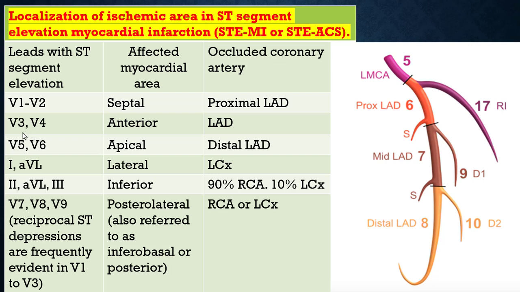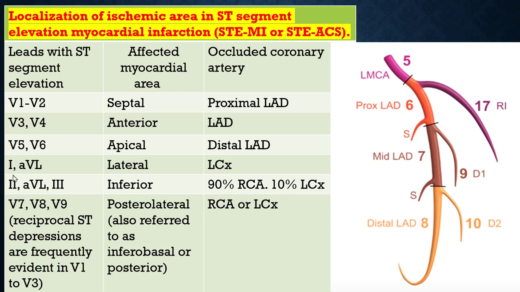When there are changes in V3 and V4, the infarction is anterior and the artery affected is the left anterior descending artery. In V5, V6, the infarction is in the apical area and the distal portion of the left anterior descending artery is affected.